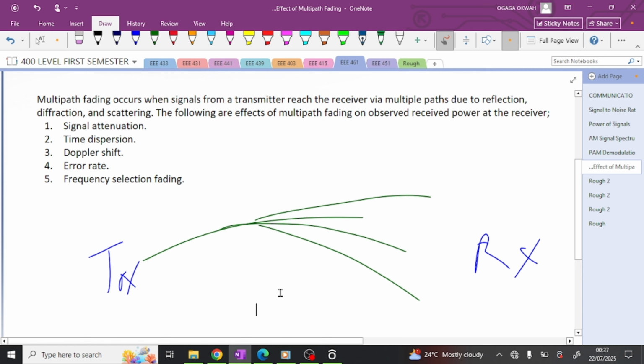This frequency selectivity can cause different levels of attenuation across the frequency spectrum. We talked about spectrum some minutes ago. For that reason, it appears like selecting different frequencies. So different frequencies will have their own level of attenuation.